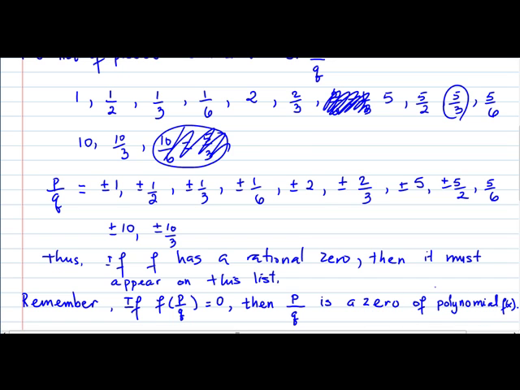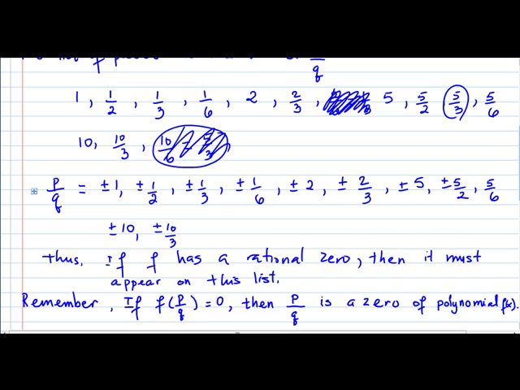So now if I go to this list here and pick out any number and evaluate f of that number equal to 0, then that number must be the solution of my polynomial. This is one way to do it. Or the easy way is we use synthetic division until we find a 0, and that's actually faster.